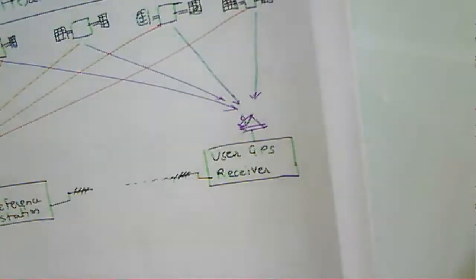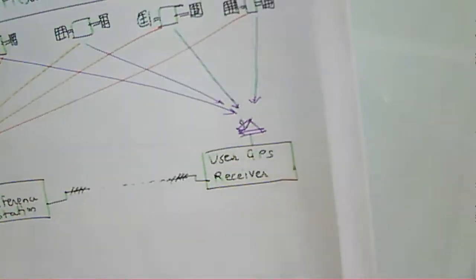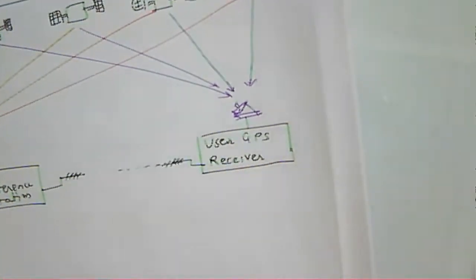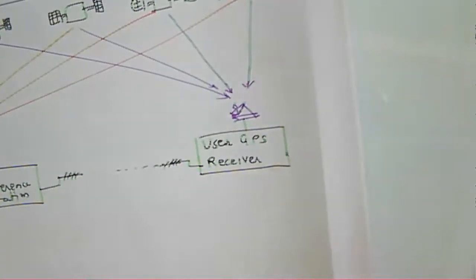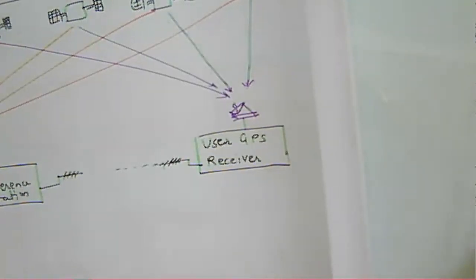The space segment is a constellation of satellites in medium Earth orbit, so that at any time four or more satellites are visible to the receiver on the Earth.